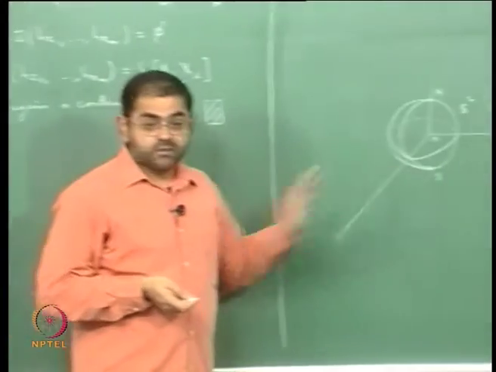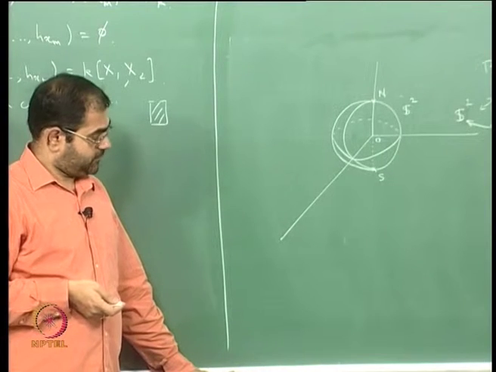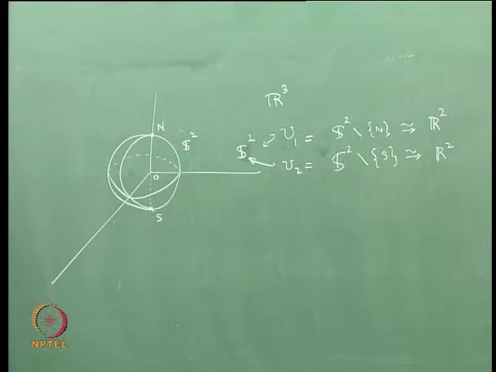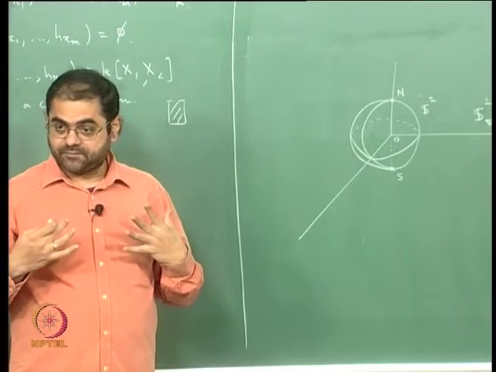So the moral of the story is that by gluing spaces you are getting spaces with new properties, and this gluing is the process used to produce new spaces from old spaces, alright.